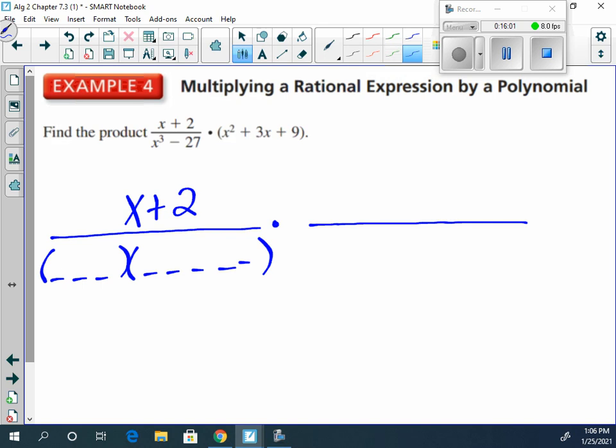Okay, then we've got, wait a minute. The other one's not a fraction, is it? X squared plus 3x plus 9. Do we have anything in the denominator of that? It does have a denominator. It's just 1. We do have a denominator there.